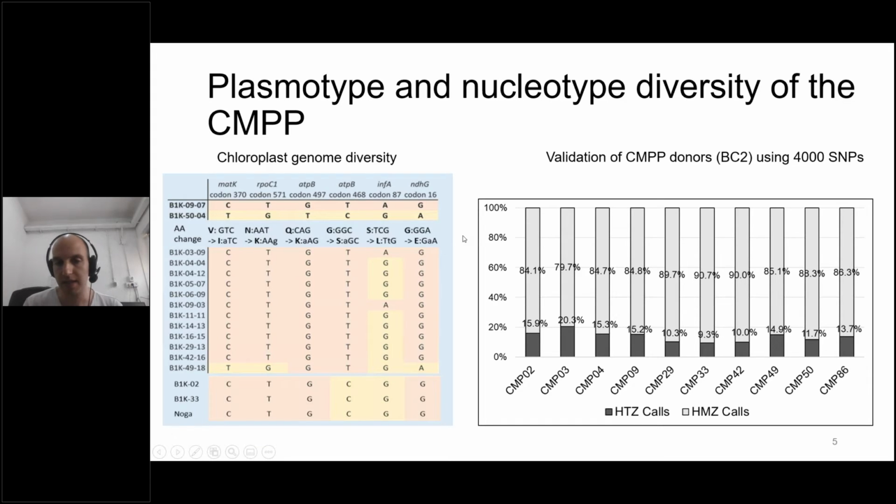And you can see that the actual values of heterozygous calls that we get when we subdivide it in each subfamily is approximately what we would expect from the natural ratio of wild donor DNA within the population.